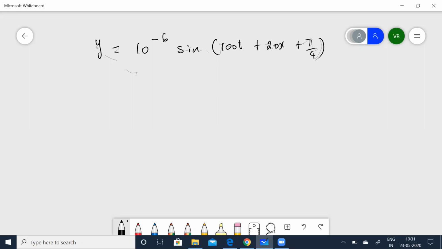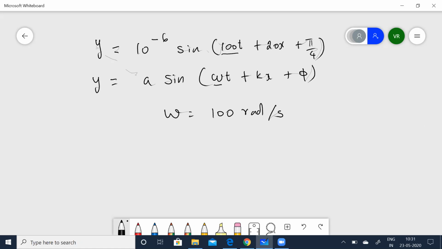Now you can compare with the general equation y is equal to a sine (omega t plus kx plus phi). Comparing both equations, in the place of omega you have 100. So omega is equal to 100 radians per second, the SI unit for omega.